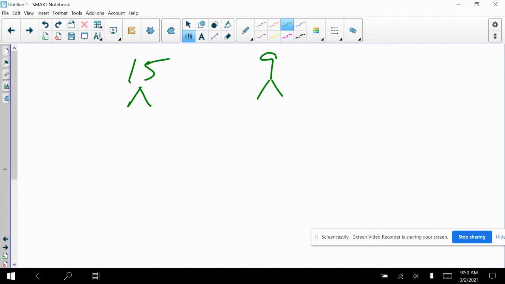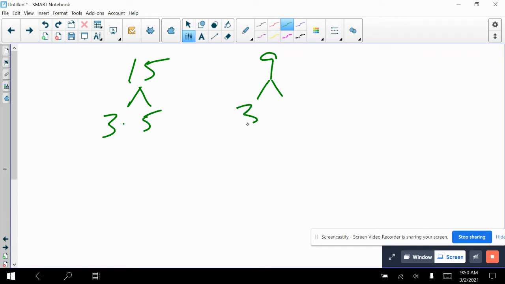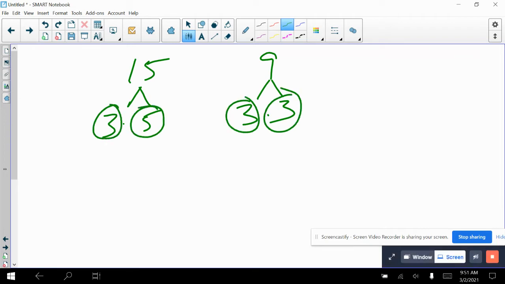Again, the beauty of this is, do you have to know all of the factors? No, you don't. So we'll factor 15 to be 3 and 5. We'll factor 9 to be 3 and 3.